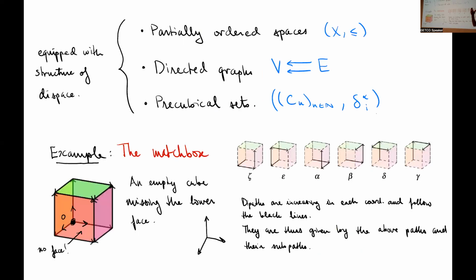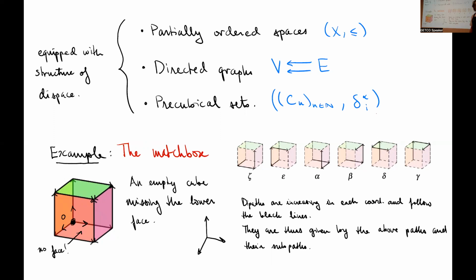So, for example, partially ordered spaces are naturally equipped with the structure of a directed space. We just take the increasing paths. Directed graphs can be seen as directed spaces. Precubical sets we've heard about this week as well. And here's a nice geometric realization of a precubical set called the matchbox.